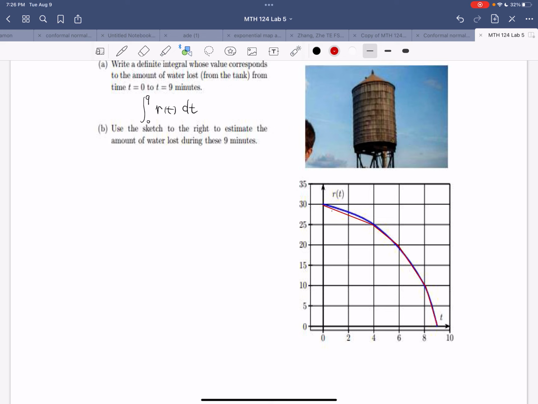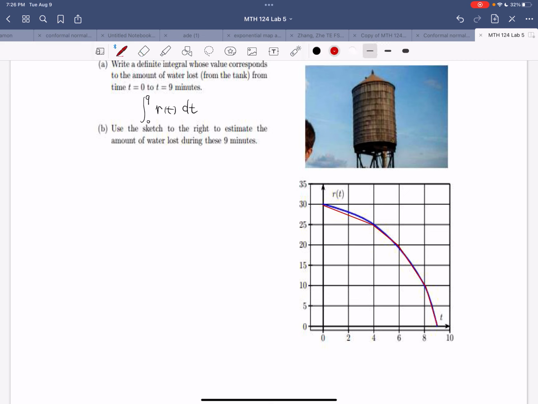So this part, each of these rectangles has area. How much area? Its horizontal length is 2. Vertical length is 5. So the area is 10. Right? Each rectangle has area equal to 10.